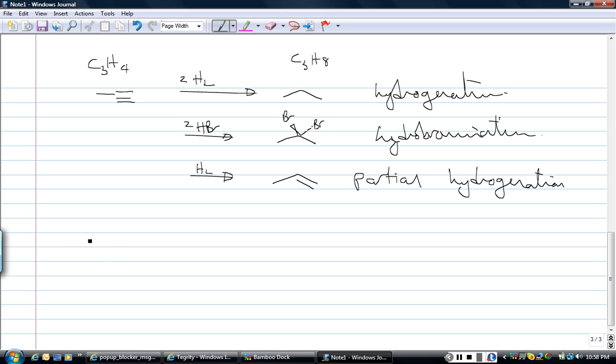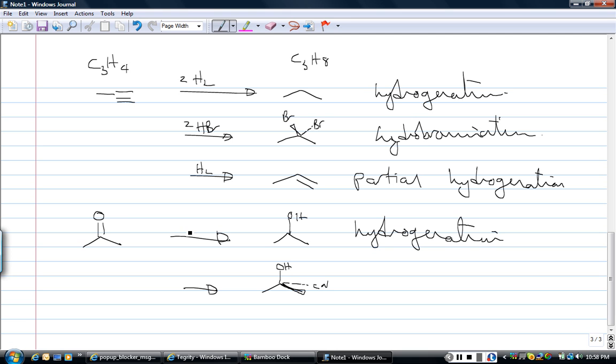I could do this also with carbon-oxygen double bonds or carbon-nitrogen triple bonds, and I can get a hydrogenation, which gives rise to this compound, or I can get a hydrocyanation, which gives rise to this compound. So this is a hydrogenation because I added essentially H across the double bond.